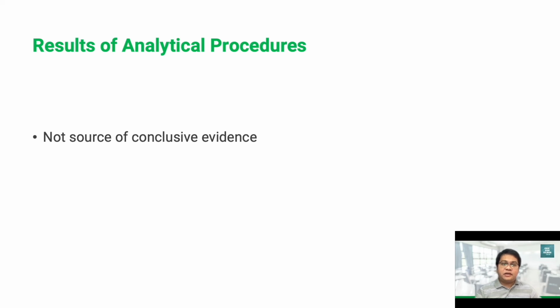Analytical procedures are more directional in nature. It can point us to the possible risk of material misstatement, but it cannot say definitively that there are misstatements that occurred in that particular item of the financial statements of our client. So they are not conclusive in nature.